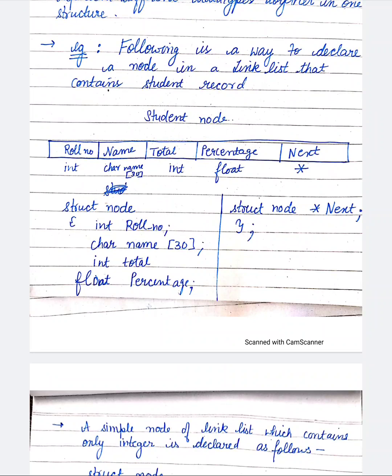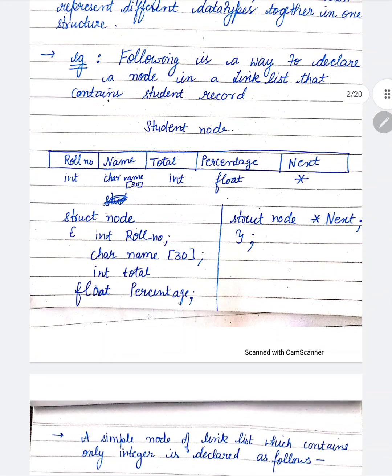So it is struct node pointer. Can you see that? This is struct node pointer, and it is pointing to the structure of the same type. So this is struct node pointer next, and then the structure is closed. This is how this particular node is created.